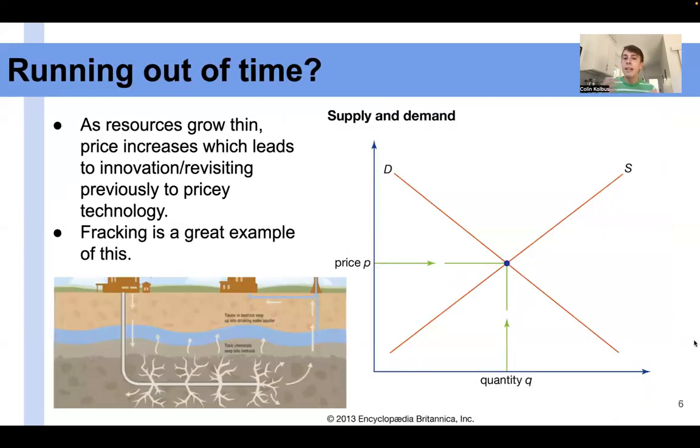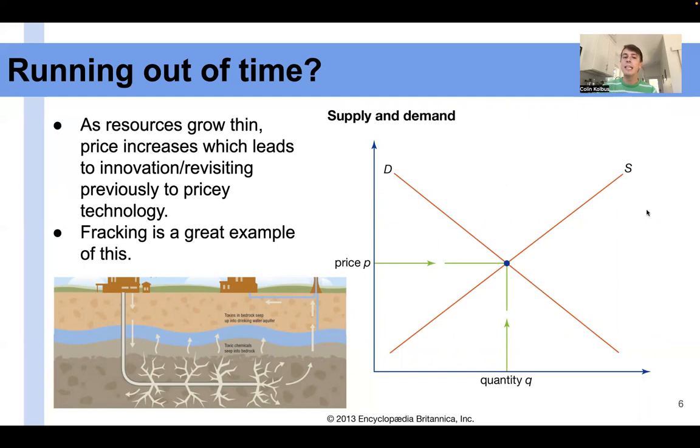And so you may think, we're running out of time. Those time scales were 40 years for some of them. But as resources grow thin, the price of those resources is going to become more expensive. And that's just natural supply and demand. As our supply goes down, your price goes up.